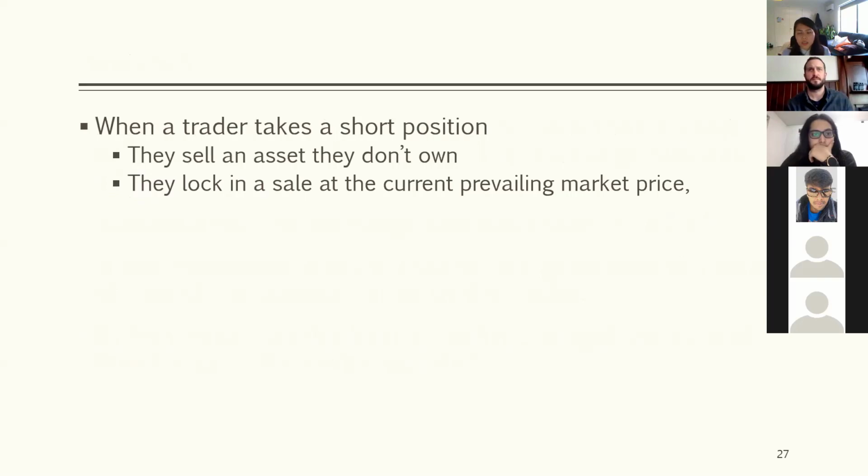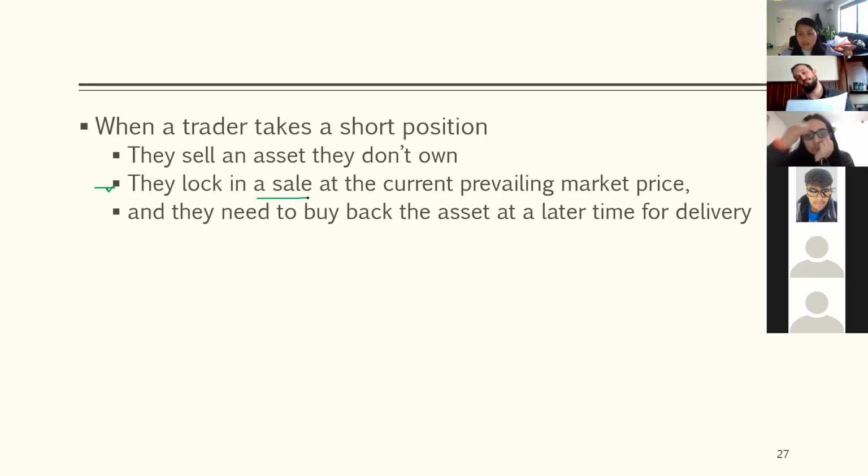So when you short sell an equity, a stock, that means you sell now and then you deliver the asset later on. By taking a short position, it allows you to lock in the current price. So you sell at the current prevailing market price, and then later on, you're going to have to buy back the asset to deliver to your initial buyer.